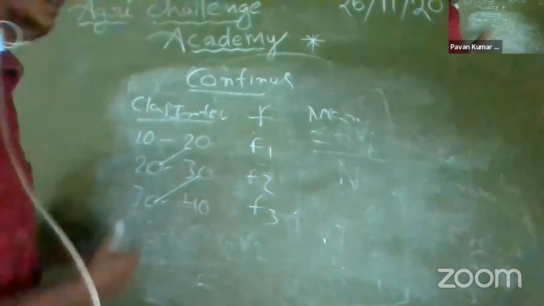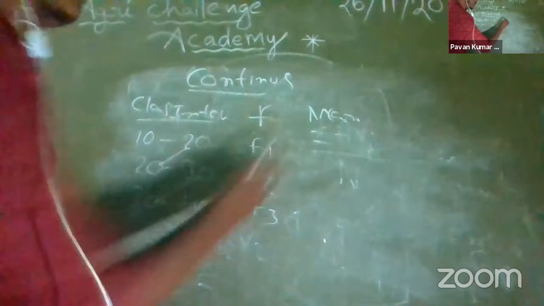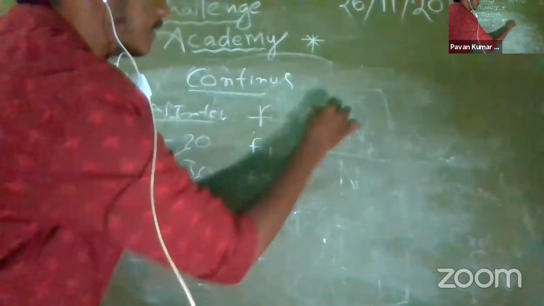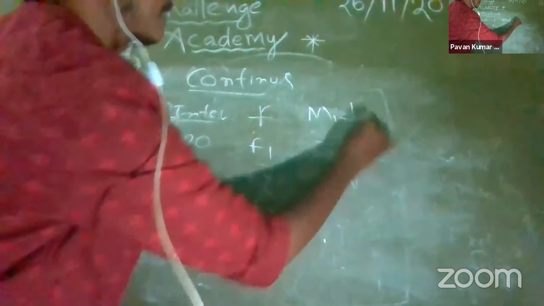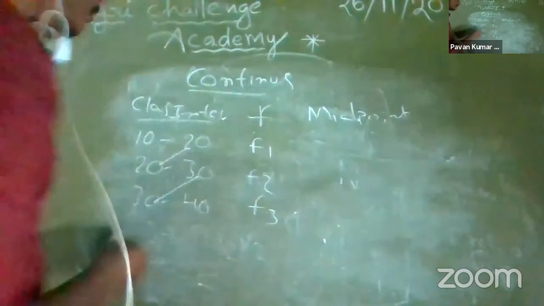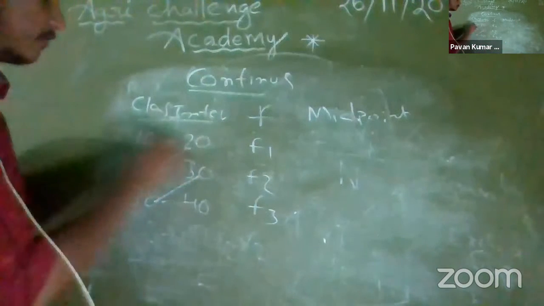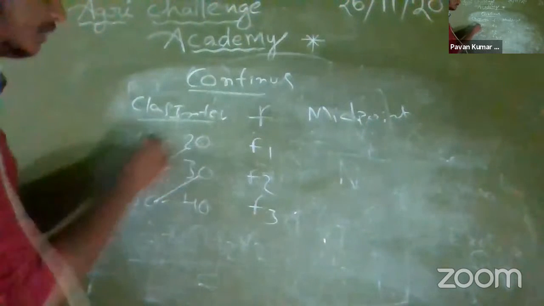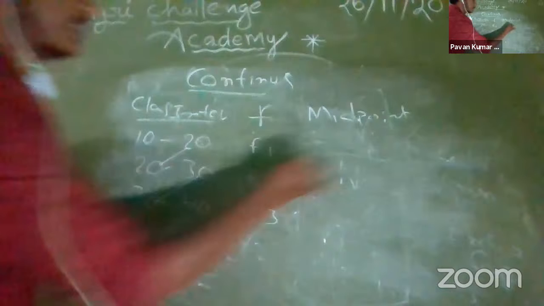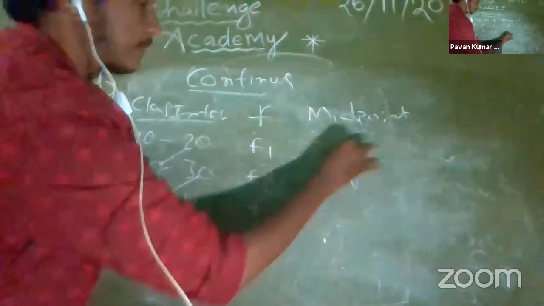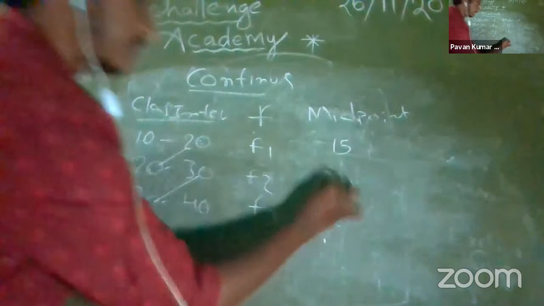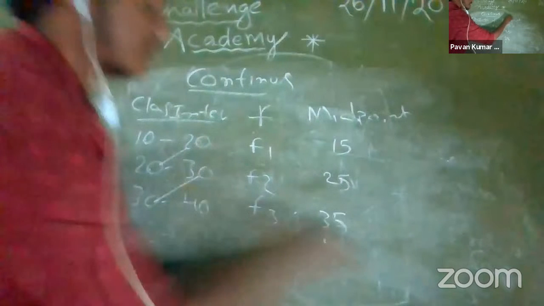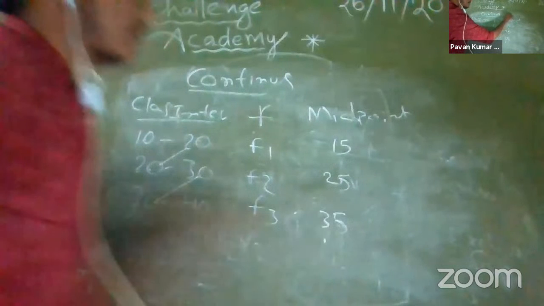Now how to calculate the mean: first we will calculate the midpoint. Midpoint means the average of these two limits. 10 plus 20 by 2, it is 15. It is 25, 35. I am denoting it as M, midpoint.